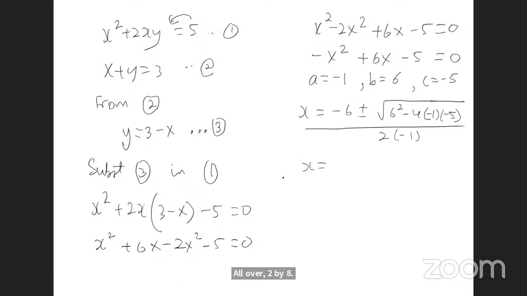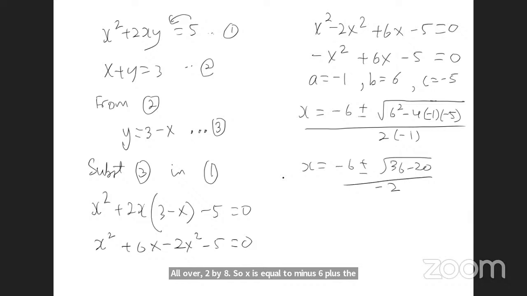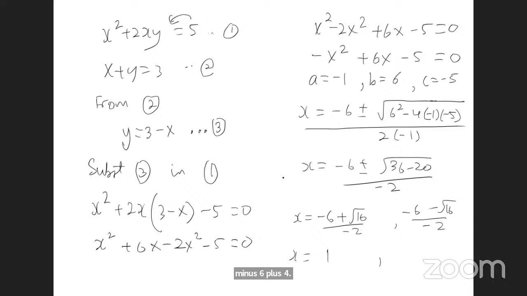So x is equal to minus 6 plus or minus the square root of 36 minus 20, all over minus 2. So I got x is minus 6 plus the square root of 16, minus 6 minus the square root of 16, over minus 2. So x is equal to minus 6 plus 4, I got 1. Minus 6 minus 4, I got 5.